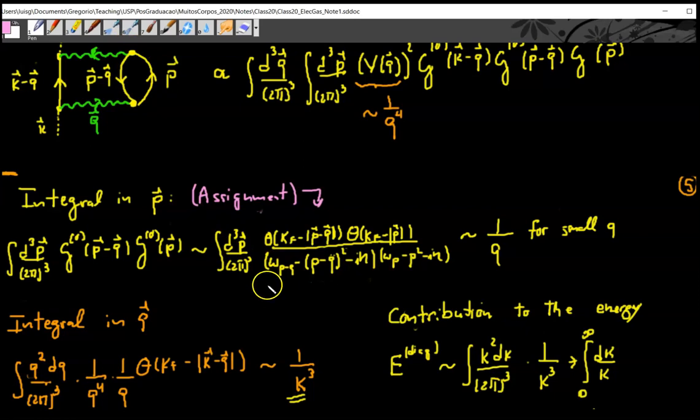going to write that this can be written in this form, where you have these two theta functions multiplied, and then in the denominator you have these omega minus p squared minus q squared, omega minus p squared.